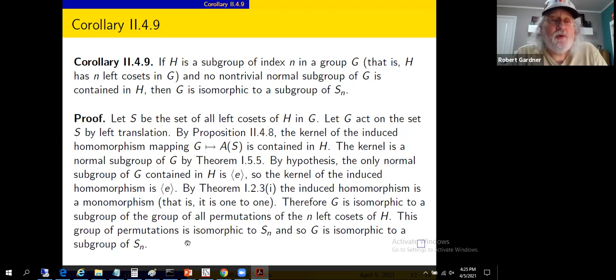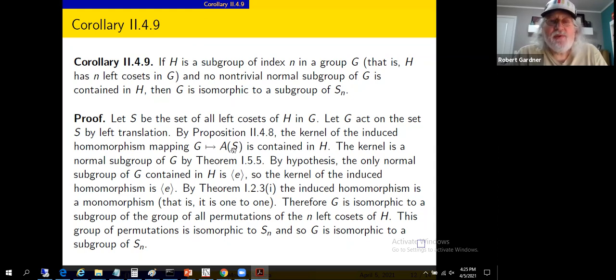So G is isomorphic to some subgroup of the group of all permutations on the left cosets of H, of which there are n left cosets. I mean, that was the hypothesis. So one-to-one homomorphism, it's onto its image. Mappings are always onto their image. I don't know what the image is exactly, but I know where it is. It's in this group of permutations.